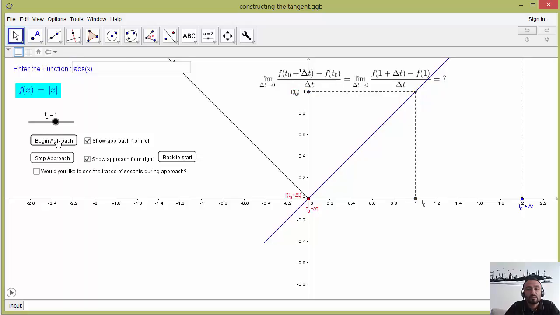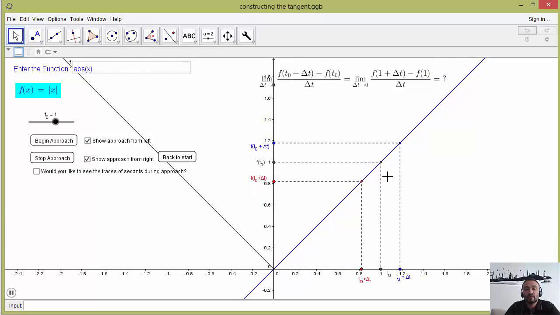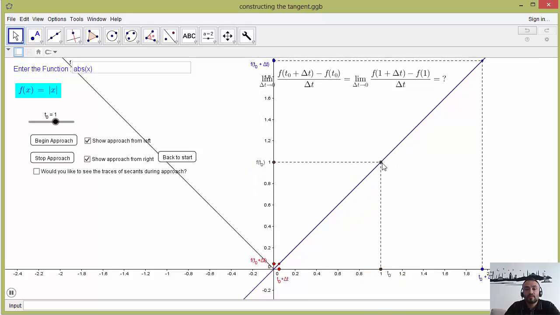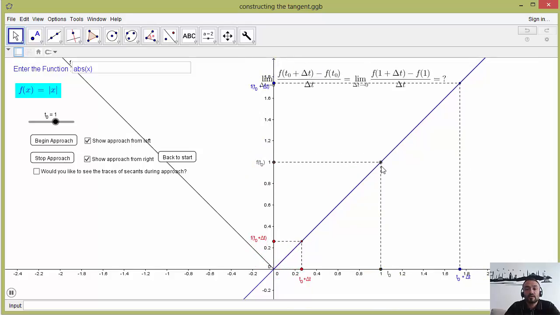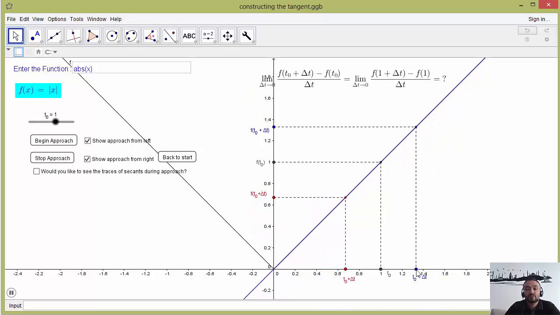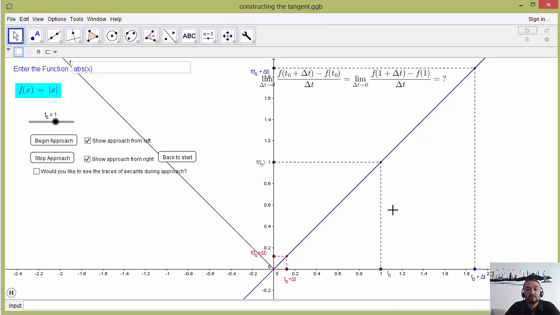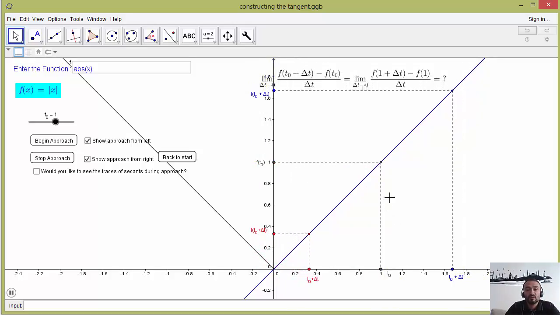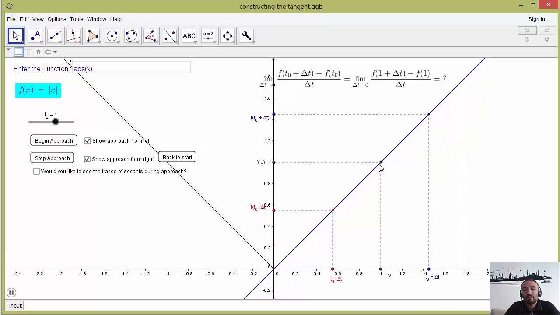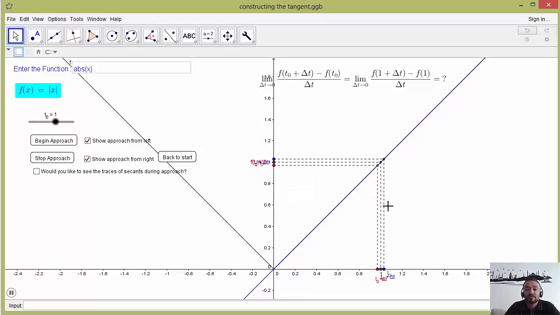Back to start and begin approach, and there is nothing changing because all secants approaching 1 and closer to 1 are constant, so they have constant slope. So the tangent also has the same slope as the secants.